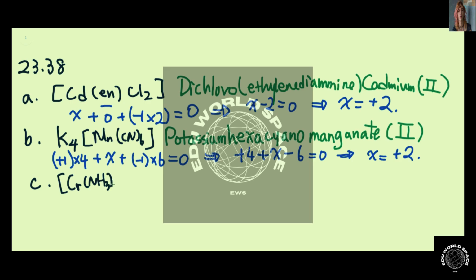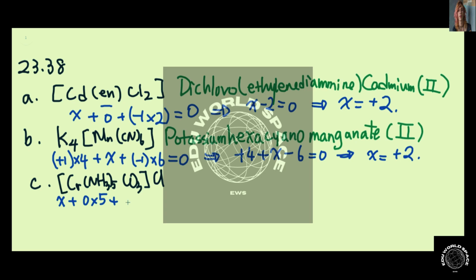Alright, so part C, we have [Cr(NH3)5CO3]Cl. Alright, so for this complex, the oxidation state of chromium is X, the oxidation state for the ammonia group is 0, so 0 times 5.